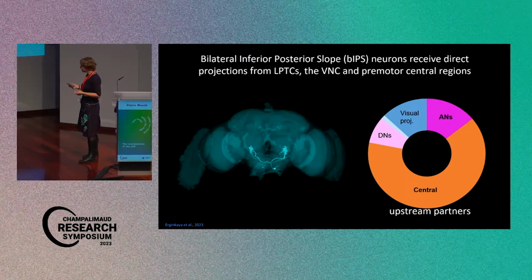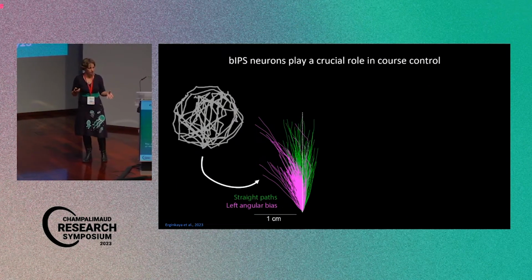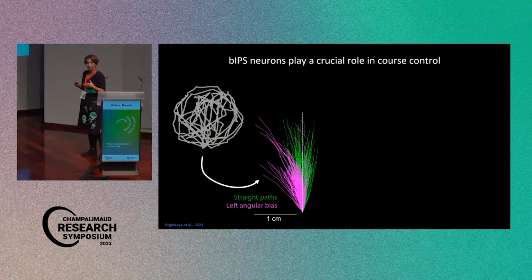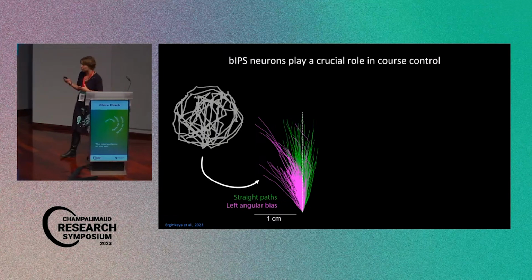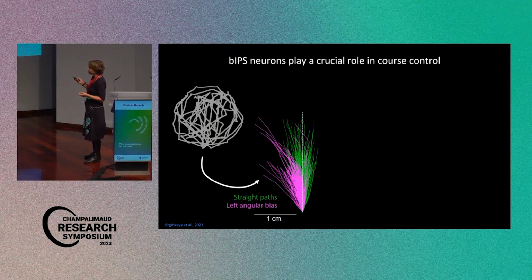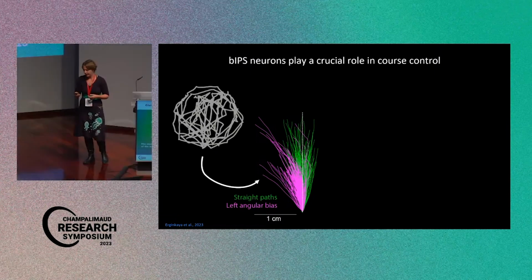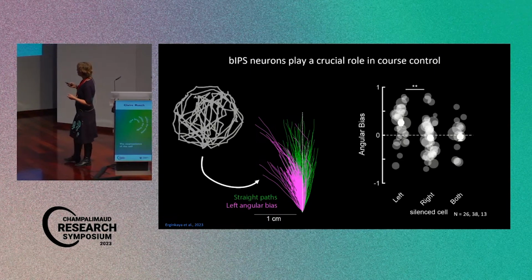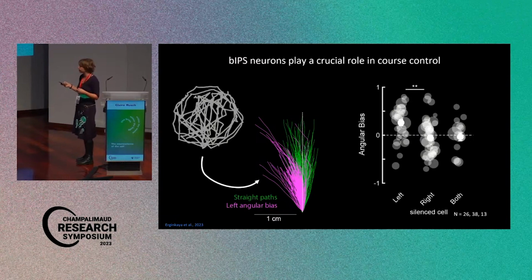And even more interesting, we know that BIPS play a very important role in course control. So Mert did this experiment where he put the fly in the same arena that I showed you at the beginning, where the fly is able to freely walk. He recorded the trajectory and once again computed how much during the forward run the flies were deviating from a straight path. Here you have on the y-axis the angular bias, and on the x-axis the BIPS that we are silencing, either the left BIPS, the right BIPS, or both at the same time.